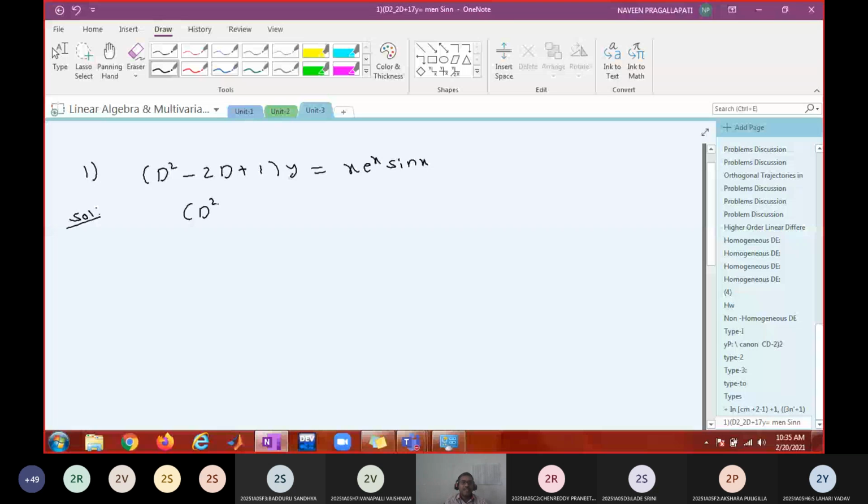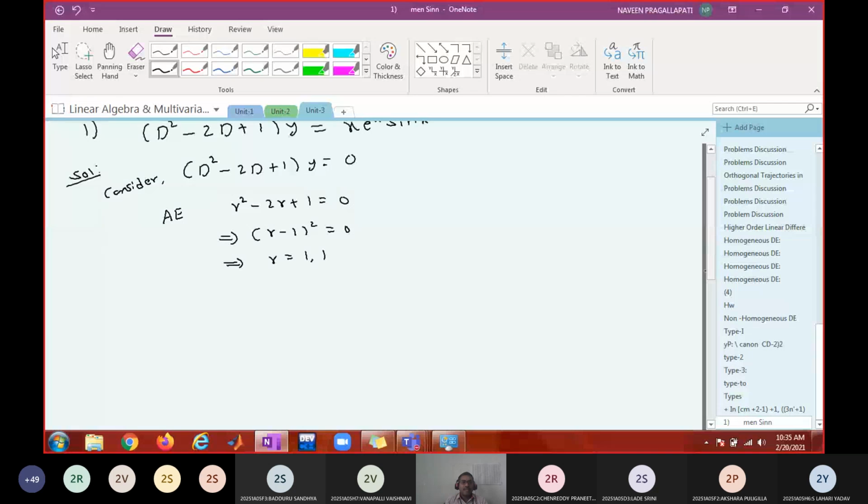homogeneous differential equation: d square minus 2d plus 1 of y equal to 0. What is the auxiliary equation? The auxiliary equation is r square minus 2r plus 1 equal to 0. So what are the roots? r minus 1 whole square equal to 0, so r equals 1 and 1.